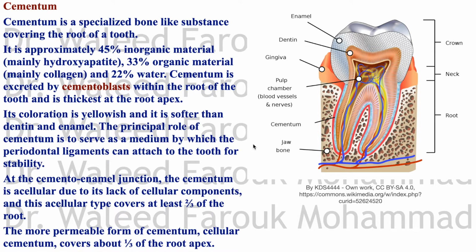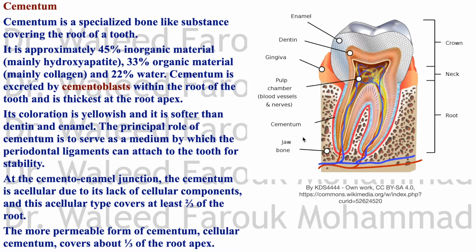Cementum is a bone-like substance that covers the root of the tooth. This is the cementum here. It provides an attachment for the periodontal ligament to attach to the tooth for its stability. It's approximately 45% inorganic material, mainly hydroxyapatite, 33% organic material, mainly collagen, and 22% water, and is excreted by cementoblasts within the root of the tooth.